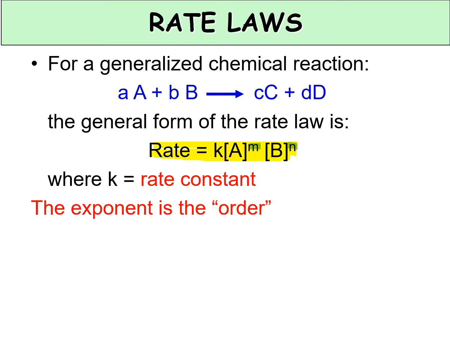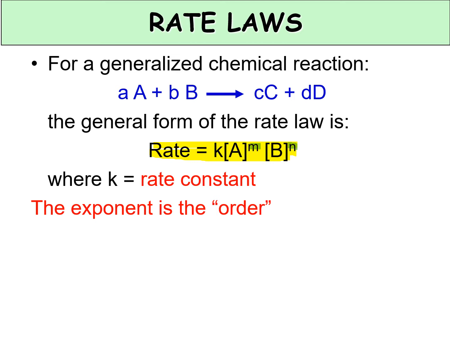But if the exponent is 2, if I double A, 2 raised to the second power is 4, I make the rate 4 times faster. So the presence of an exponent that is higher than 1 makes the effect of changing the concentration of that specific species more critical.